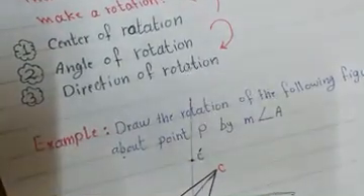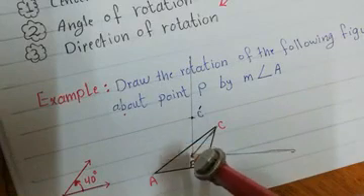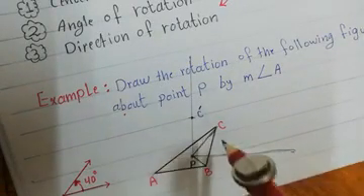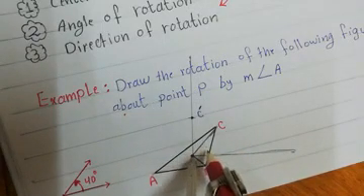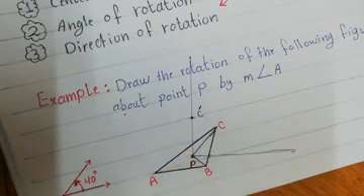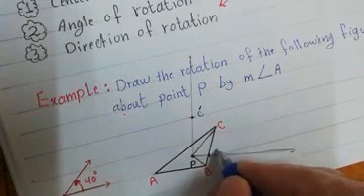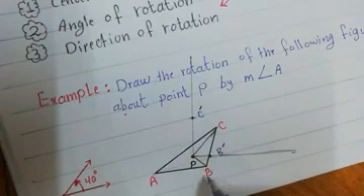Then I will find the distance from the center of rotation to point B. I will take the same distance here and I will cut here. So this is B prime, which is the image of B.